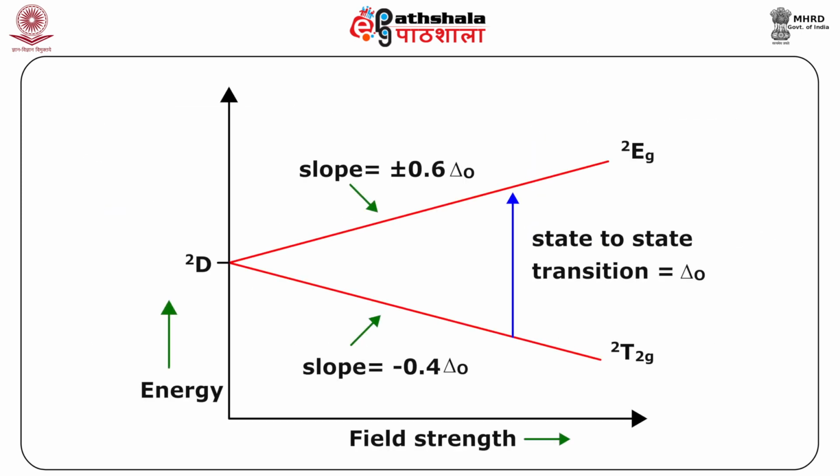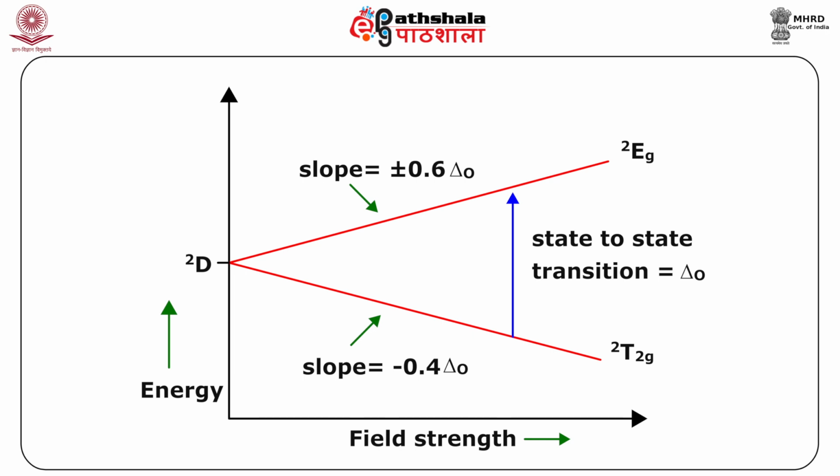The free ion term splitting can be represented as follows in the figure. The energy difference between the two states is delta naught, which is energetically equal to the frequency of the absorption. In case of titanium 3 plus complex, this value of absorption frequency is equal to 20,000 centimeter inverse.